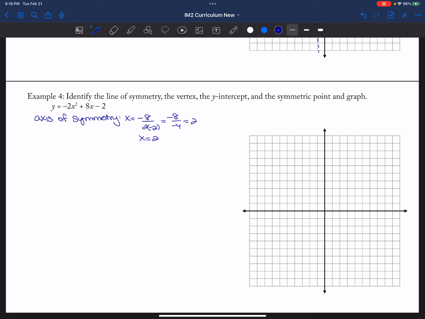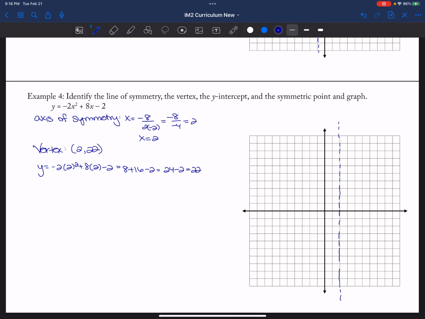So x is equal to 2 is my axis of symmetry, and that's also the x coordinate of my vertex. So I have 2, comma, somebody, so I have to plug this in. Y is equal to negative 2 times 2 squared plus 8 times 2 minus 2. So I get negative 8 plus 16 minus 2, so 8 minus 2, which is... 22.